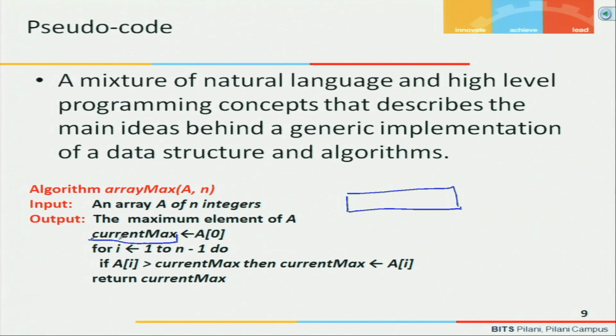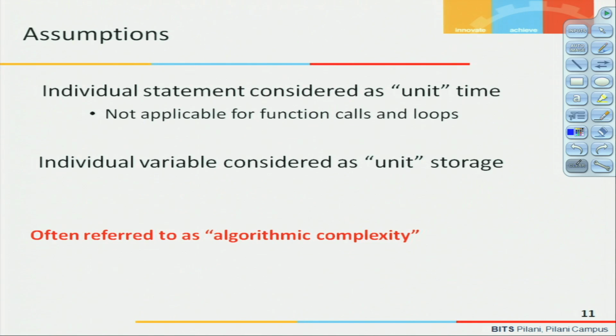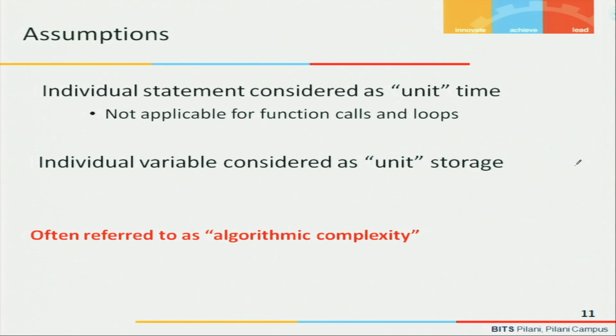In this case, that is precisely only 1 variable location. So, an individual variable will be considered as unit storage. We are going to refer to this as algorithmic complexity. The model that we are going to propose is called a complexity model.